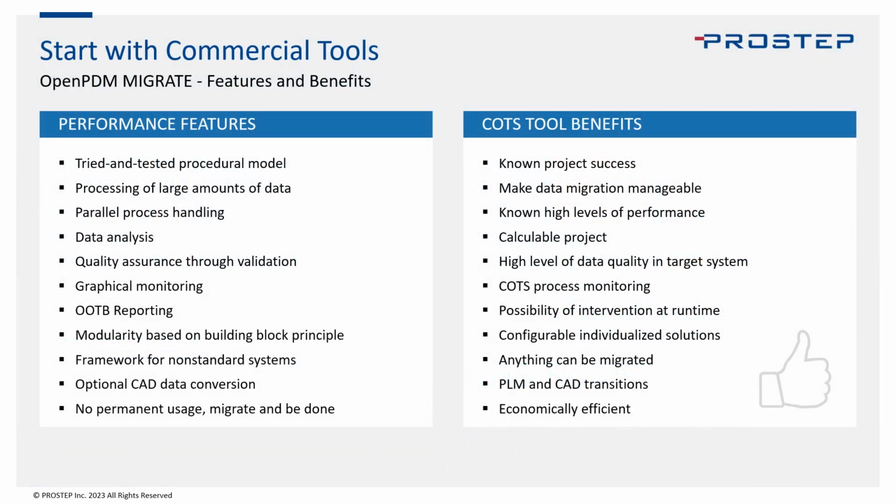So let's start with the benefit of using a commercial tool. In our case, this is OpenPDM Migrate that PROSTEP offers. Really, you've got performance features that are baked into the tool because this framework has availability for high-performing interfaces that have been tested over time, parallelization that's been tested over time, good success with analysis, reporting, and a nice interface so that you can use the system efficiently.